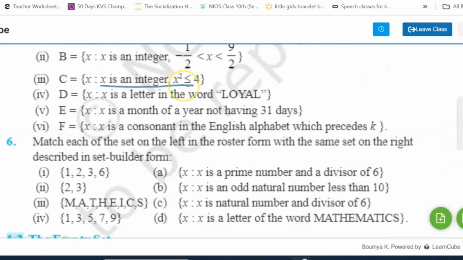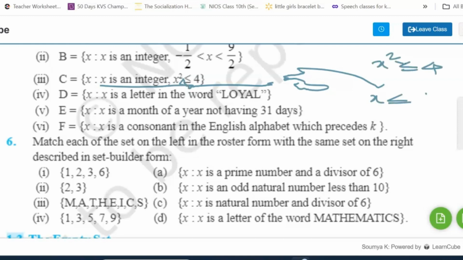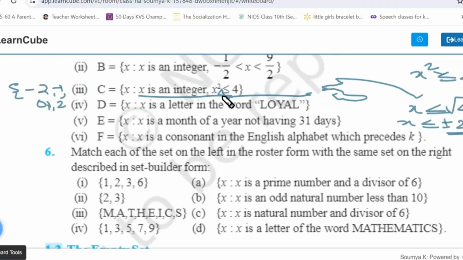Okay, an integer x, x squared less than or equal to 4, that is the condition. In that case, x squared less than or equal to 4. So x is less than or equal to the square root of 4, which is plus or minus 2, from minus 2 until 2. So these are the elements of your set C.